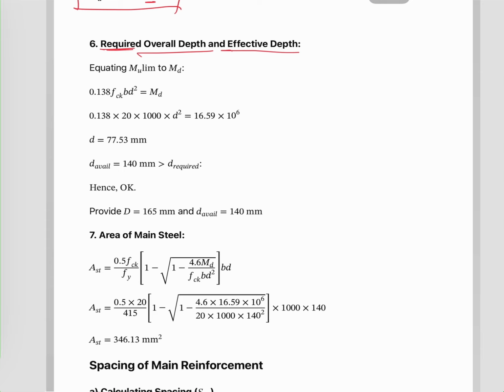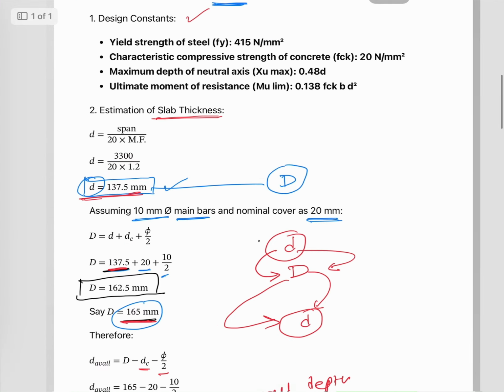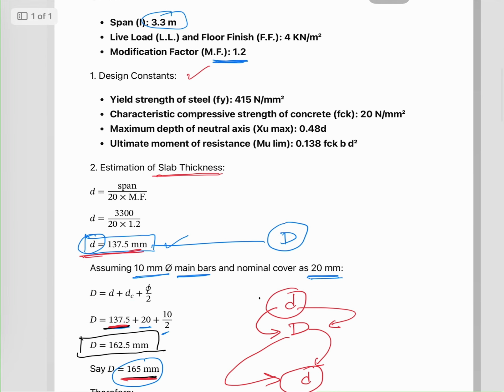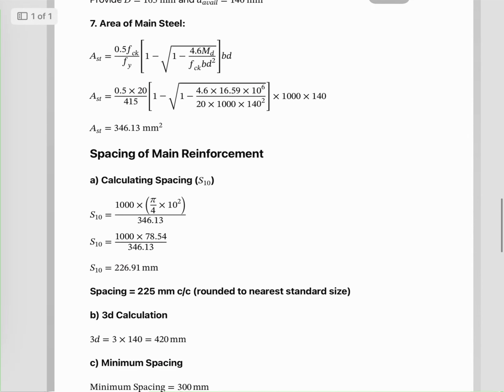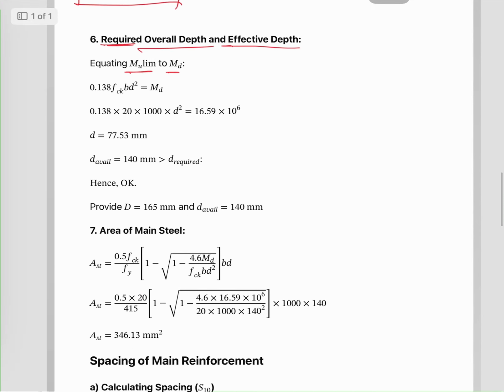So that's the reason we need to understand the requirement of the depth based upon the load. We are going to equate the limiting moment with the factored moment we calculated. The limiting moment for Fe 415 is 0.138 fck b d square, which equals Md. 0.138 is standard, fck is 20, b is 1000, like 1 meter, and effective d we need to calculate.